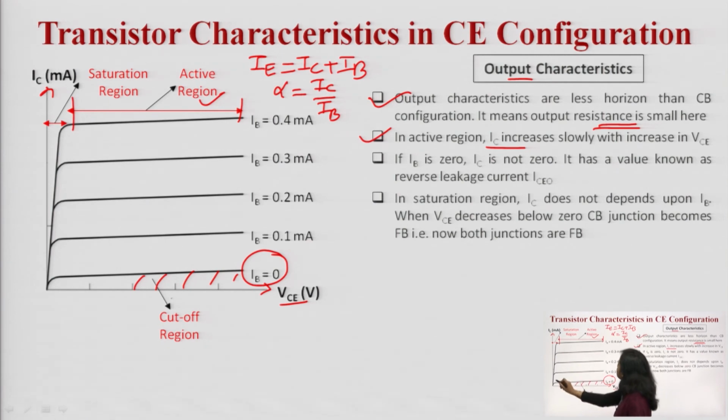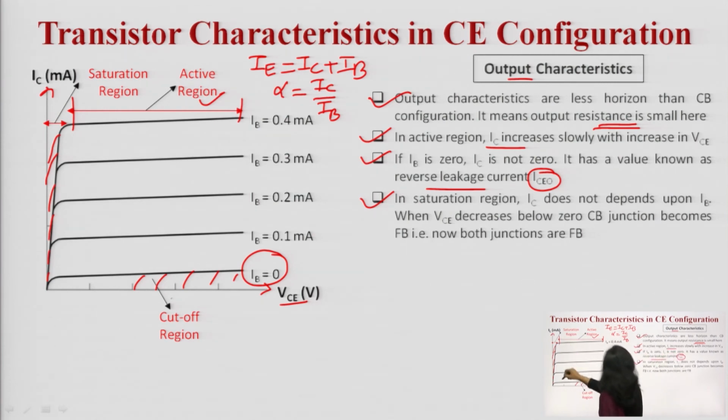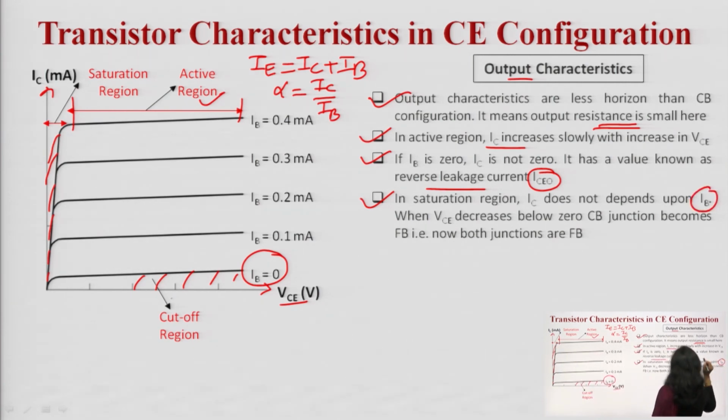If IB is 0, IC is not 0, it has some value which is known as leakage current. And the last point, in the saturation region, IC does not depend upon IB.